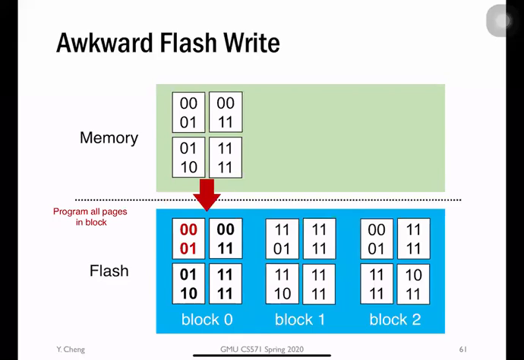But the only thing that gets updated is page number 0 within block number 0. Page 1, page 2, page 3 stay the same. But these are the overhead that you have to carry over all the way from flash to the memory, from memory to the flash, right?